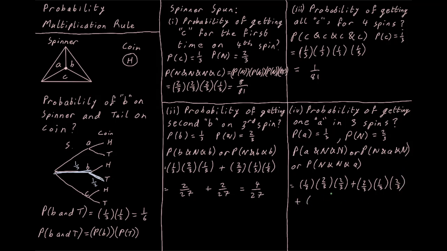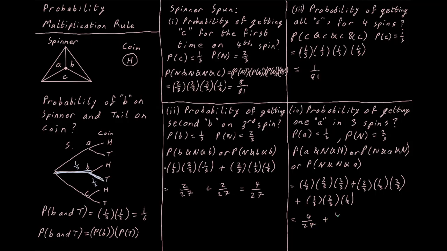Or, so I add up, 2/3 of the time I'm not going to get an A, and 2/3 of that time I'm not going to get an A, and 1/3 of that time I'm going to get an A. So I multiply all of that out together, and I get 4 all over 27.